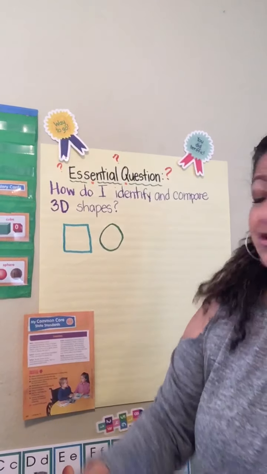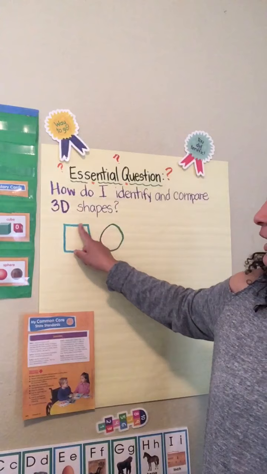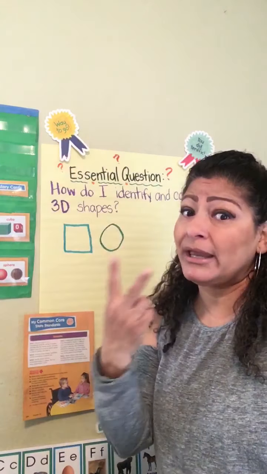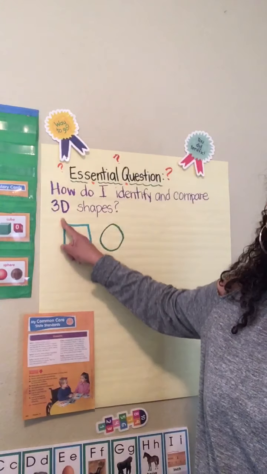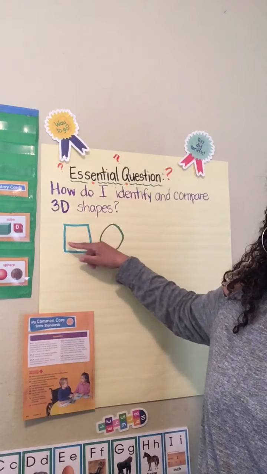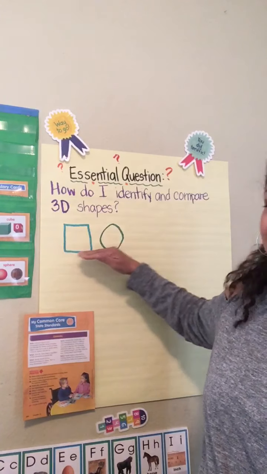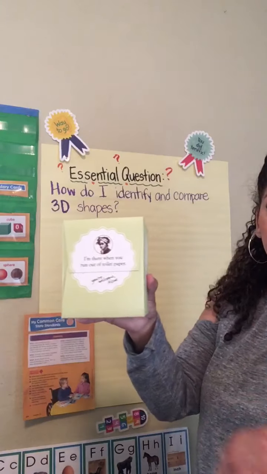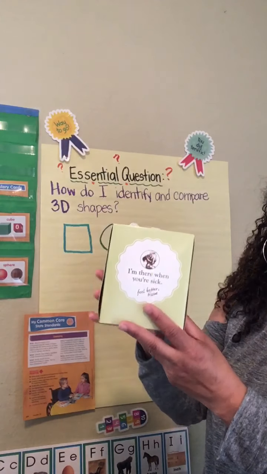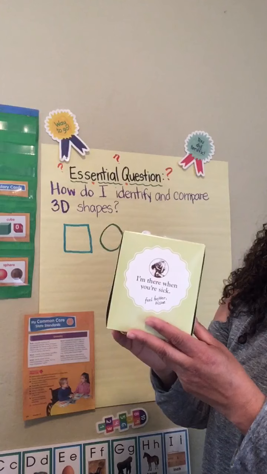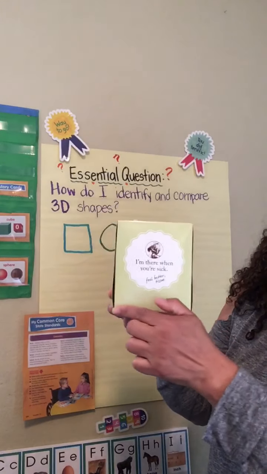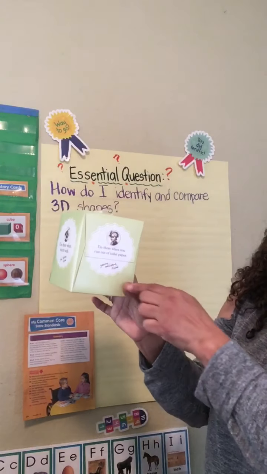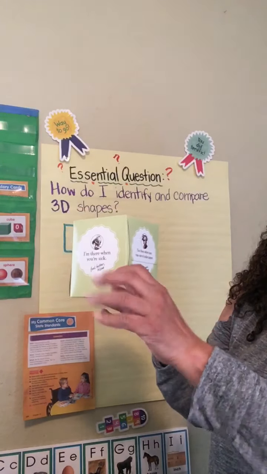Another difference you should know is two-dimensional shapes only go two ways. They can go up and down and side to side. But a three-dimensional shape, a cube, can go side to side, up and down, and front to back.